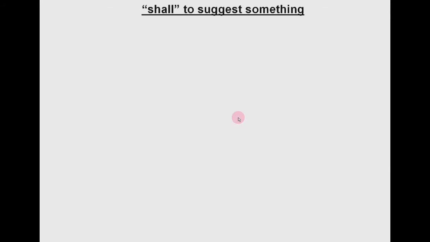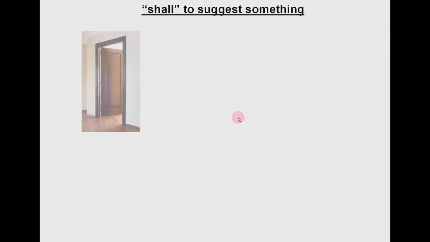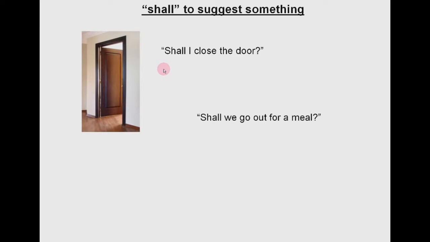And we can use the word shall to make a suggestion. This is only with the word shall. We cannot do this with the word will. So here we can see that there is a door which is open. And we can suggest to close the door by saying, shall I close the door? We are suggesting it. Or we might say to our husband or to our wife, shall we go out for a meal?